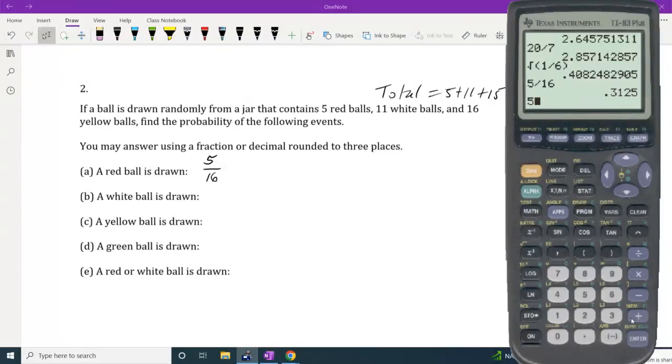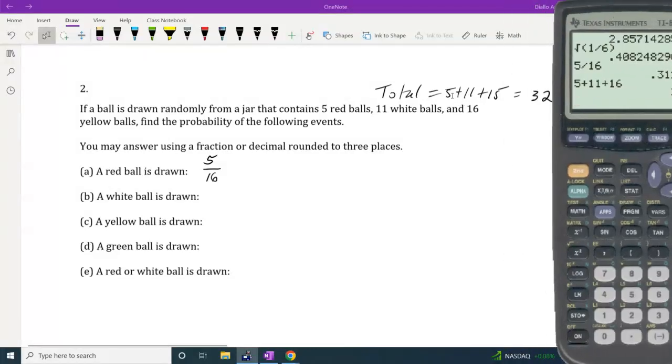Let's see, 5 plus 11 plus 16. The 32 comes in if you add up all of the balls in the jar. So that's where this 32 comes in: 5 red, 11 white, and 16 yellow balls.